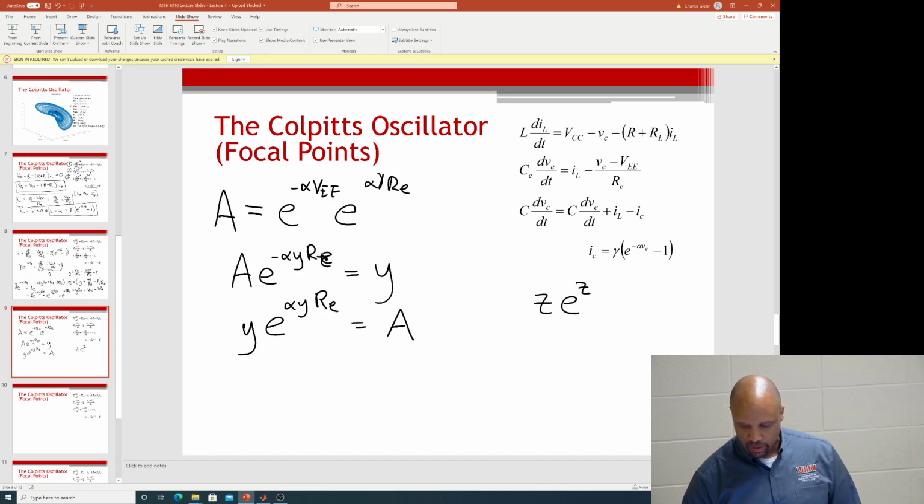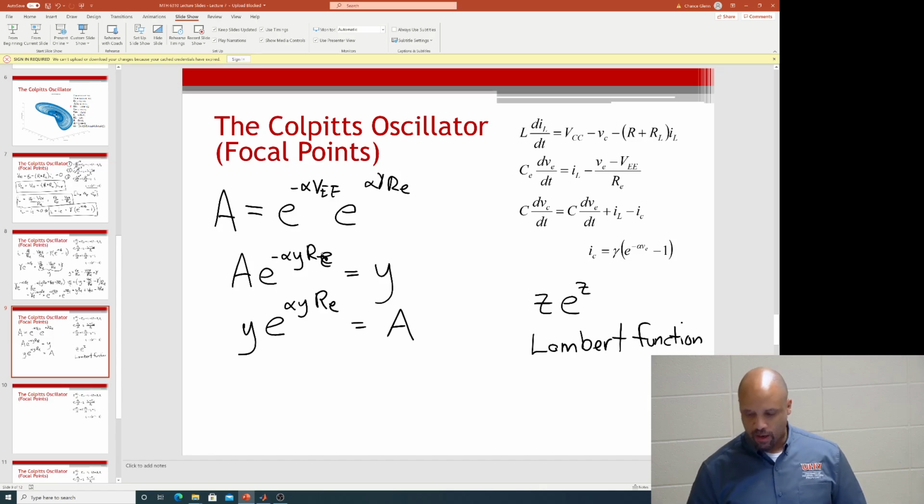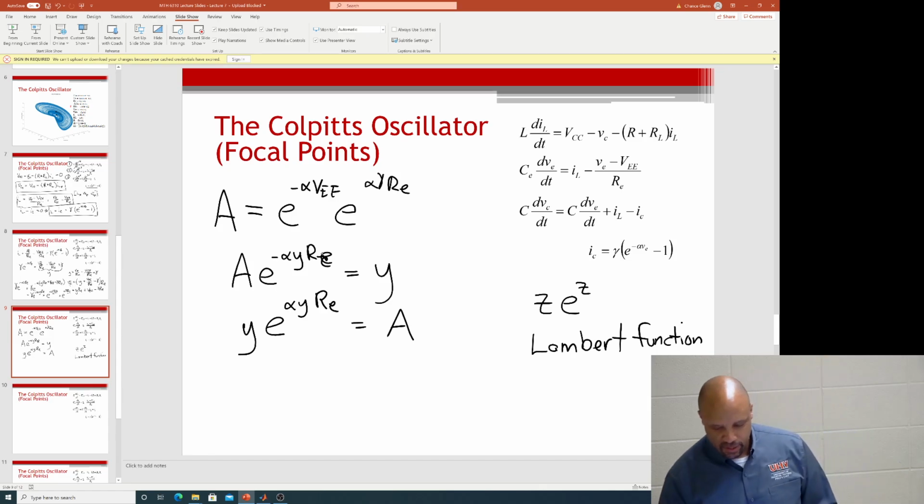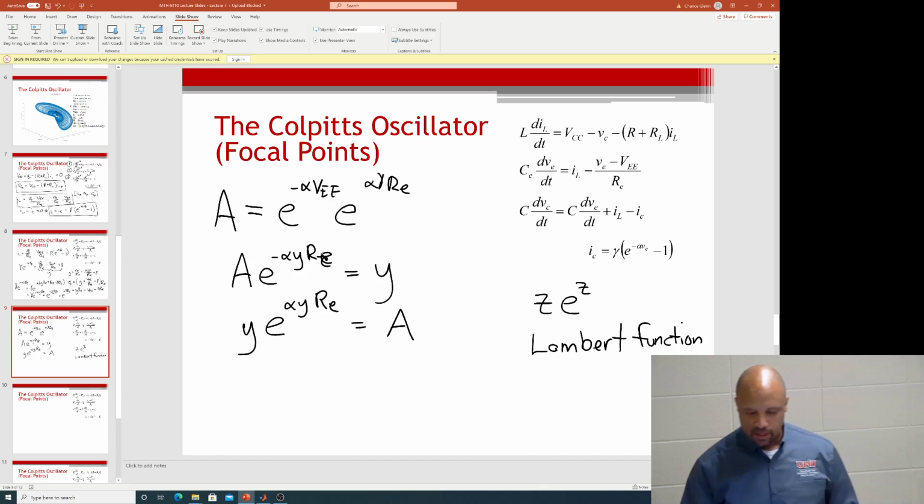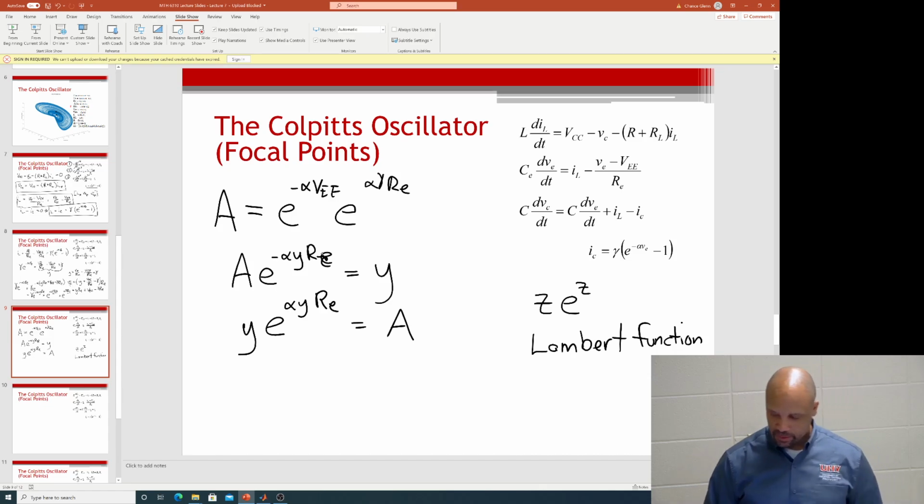And this is what I mentioned before, a Lambert function. Now, I'm not trying to imply that z is complex, that's just a form, right?